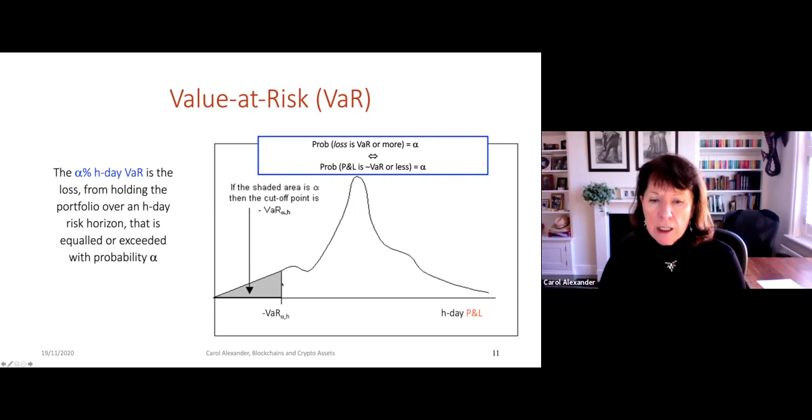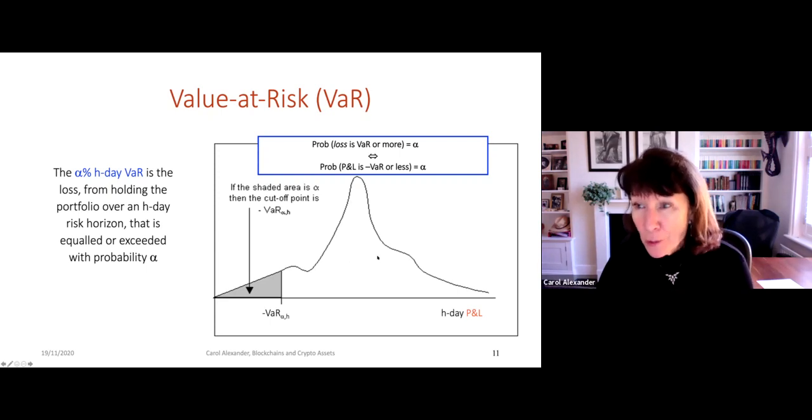Well, in this density here, deliberately drawn so it's not normal, the probability of getting something in this bold area to the left of minus VAR is the shaded area.